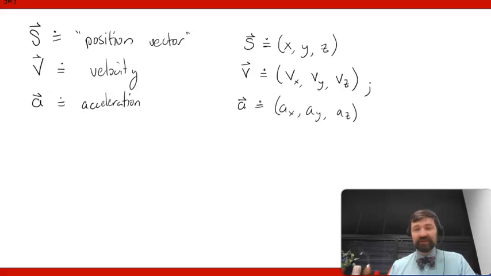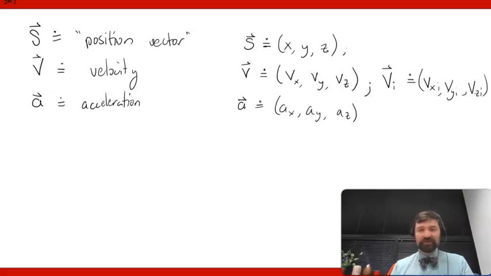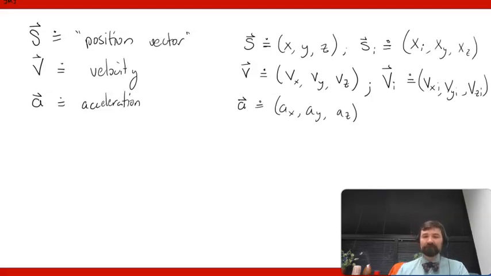You might have an initial velocity vector, VI, which could be represented by VXI, VYI, and VZI. You could have an initial position vector, which could be represented by the initial X, the initial Y, the initial Z, etc.